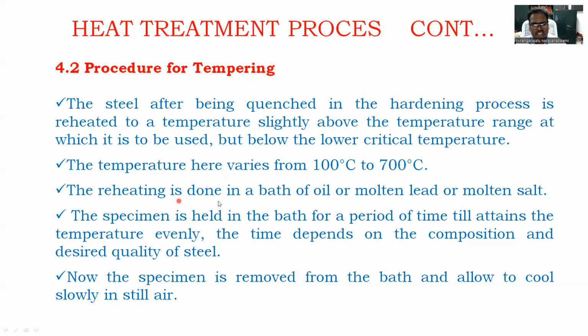The reheating is done in a bath of oil, molten lead or molten salt. The specimen is heated in the bath for a period of time until it attains the temperature evenly. The time depends on the composition and desired quality of steel. Now the specimen is removed from the bath and allowed to cool slowly in still air.